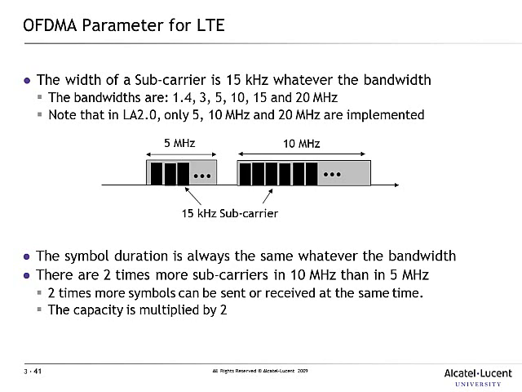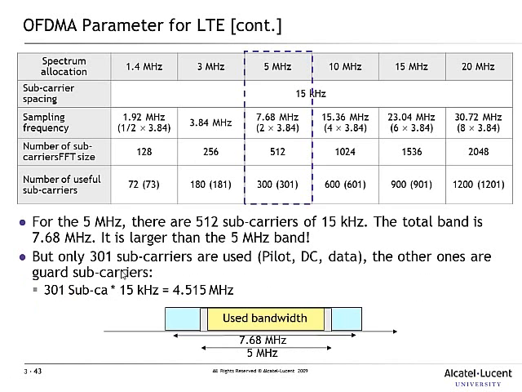So far we've been saying that each user gets allocated one subcarrier, but strictly speaking, each user gets allocated a group of subcarriers. So we have this idea of resource blocks that are allocated for users, both in the downlink as well as in the uplink.